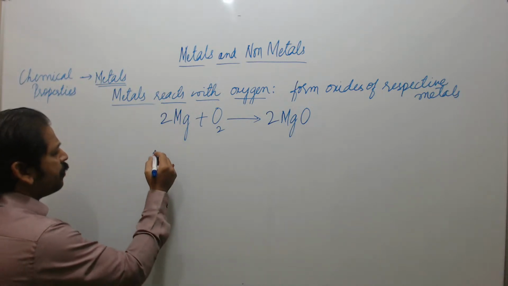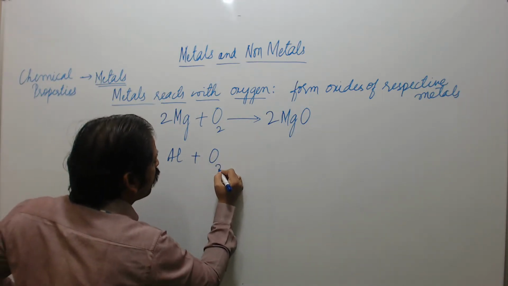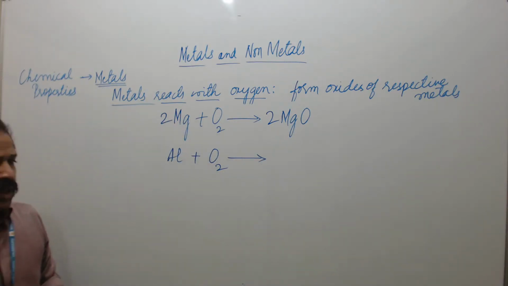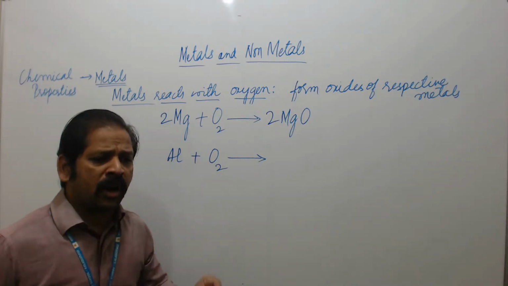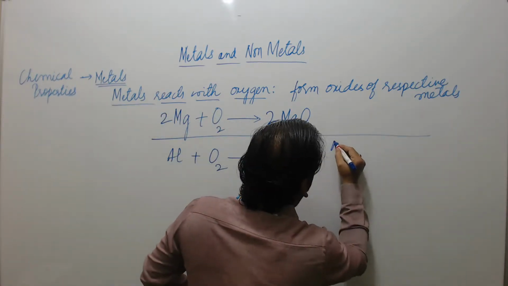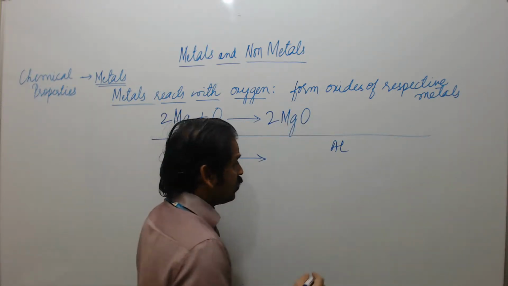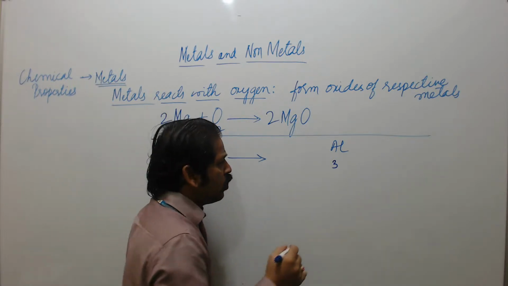Okay, aluminium. Aluminium reacts with oxygen to form aluminium oxide. What is the formula of aluminium oxide? The valency of aluminium is 3 and the valency of oxygen is 2.